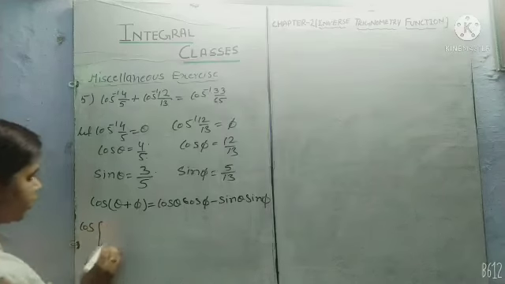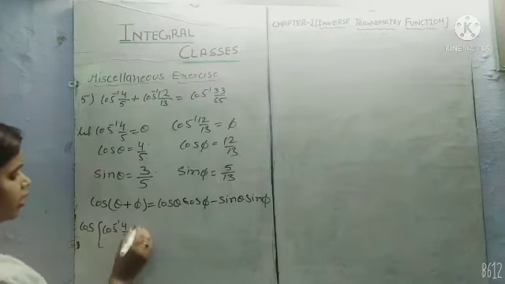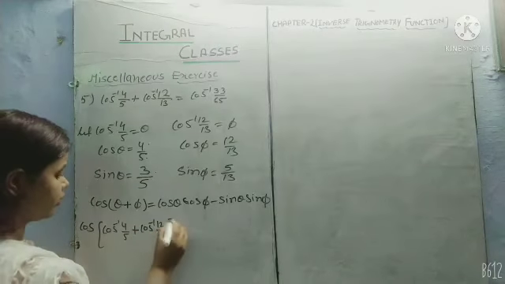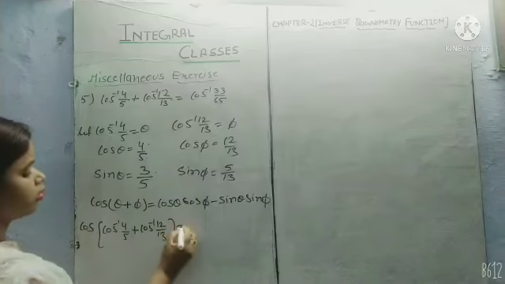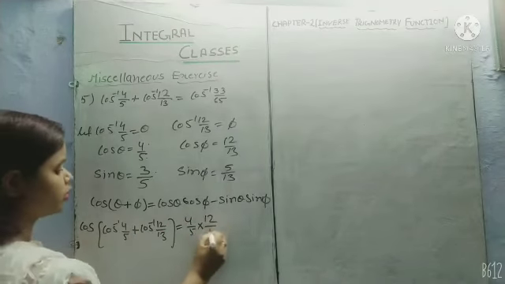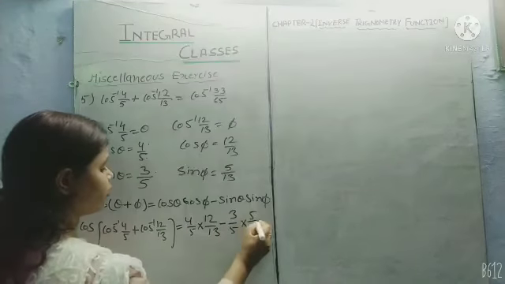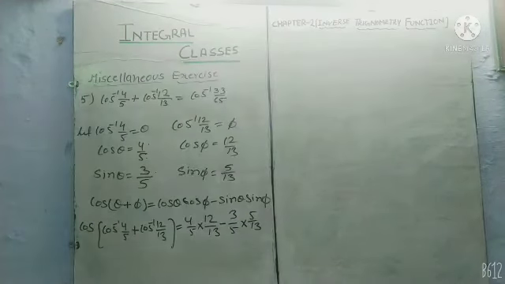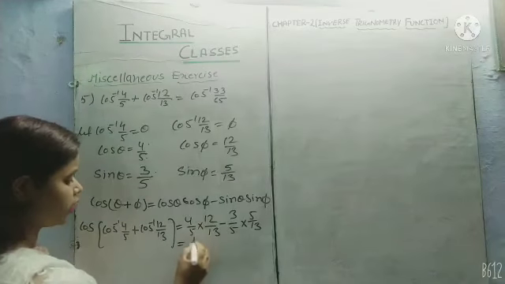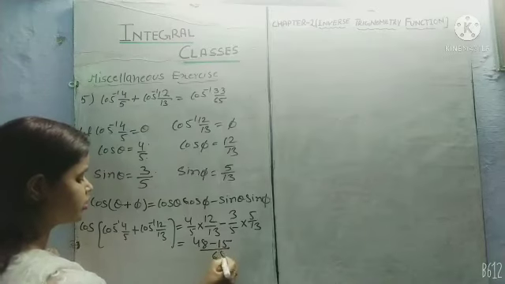Cos theta equal to what? Cos inverse 4/5 and phi equal to cos inverse 12 upon 13. Cos theta equal to what? Here 4 by 5. Cos phi equal to 12 upon 13 minus sin theta 3 by 5 into 5 upon 13. Now student, solve 12 4s are 48 minus 5 3s are 15 upon 65.